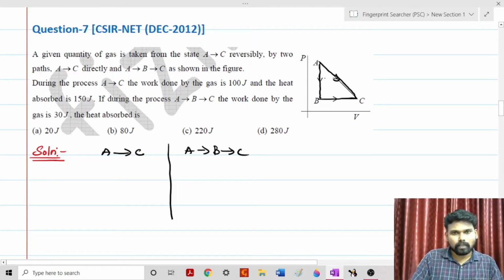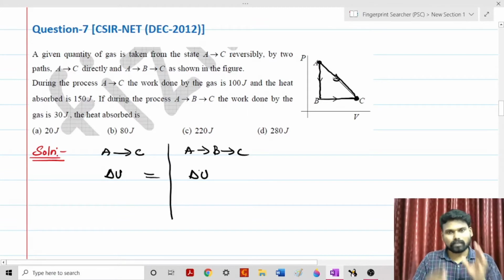But the starting point and the final point are the same. So since the initial and final states are the same, the change in internal energy will be the same in both cases. The delta U here will be equal to delta U here, because in both processes we start at A and end at C.